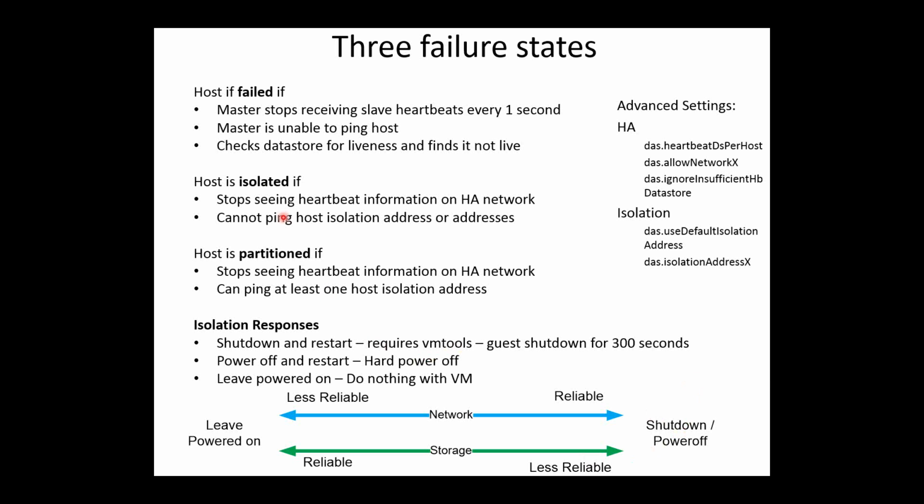The concept being that if you are isolated, depending on your topology, it's a good chance all your hosts are also isolated. And if that is true, then you really don't want them trying to shut down and power on other nodes in the cluster, because you probably have just lost your upstream networking. You can't ping the host isolation response, can't ping each other necessarily, but they're still available. So I want to wait till my networking is fixed and then just have my VMs resume where they started.